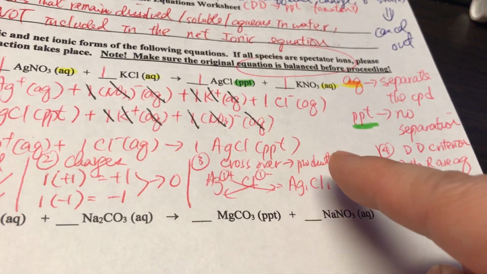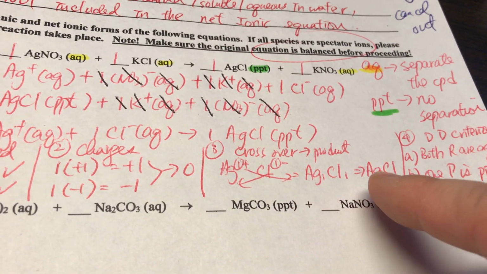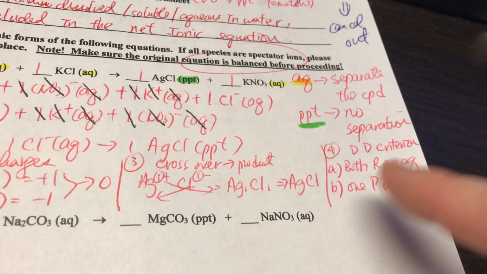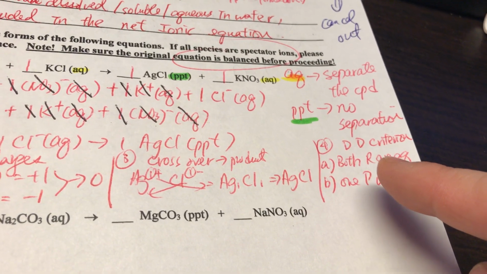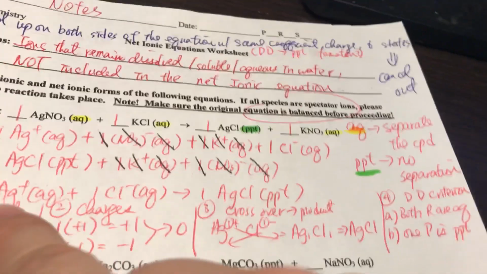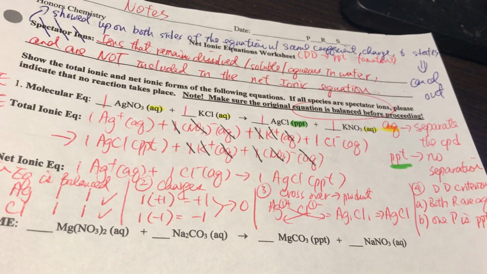Number 3, if I cross over Ag+ and Cl-, I do get AgCl, which is matching. And number 4, it also matches my double displacement criteria, that both reactants are aqueous and one product is a precipitate. So it matches what we learned before.